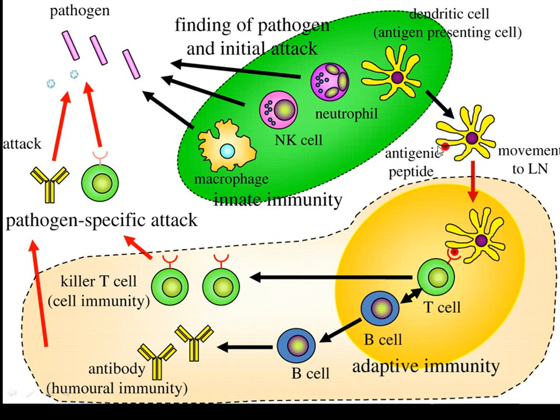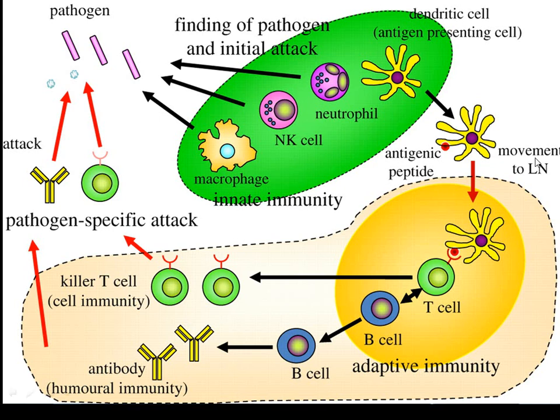So the dendritic cell presents it on its surface. Then this dendritic cell, after recognition of the antigen, moves to the peripheral lymphoid organ. It may be a lymph node or spleen or mucosal-associated lymphoid tissue, for example, tonsils or Peyer's patch.